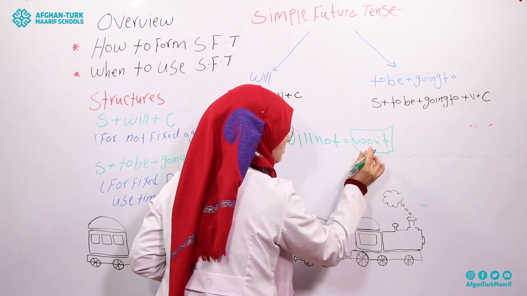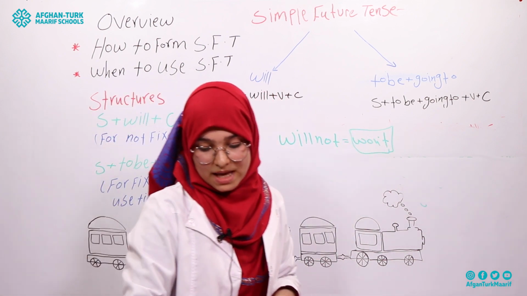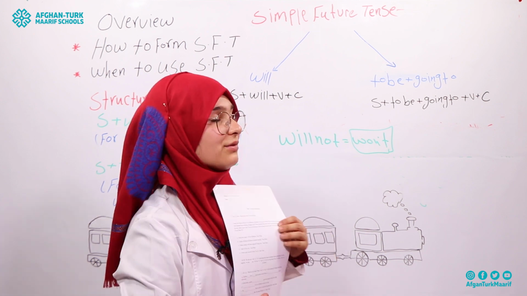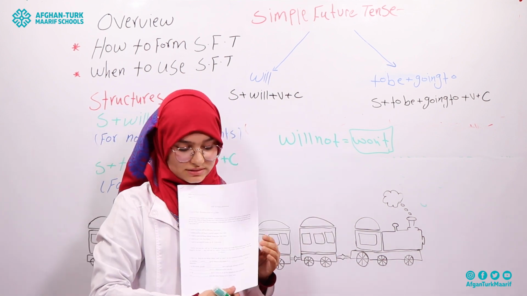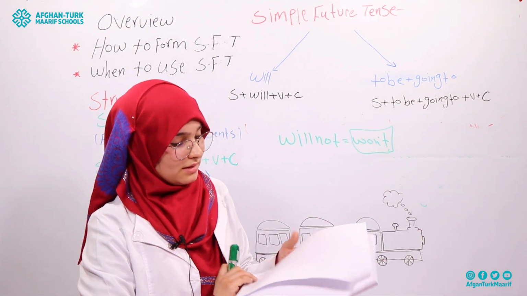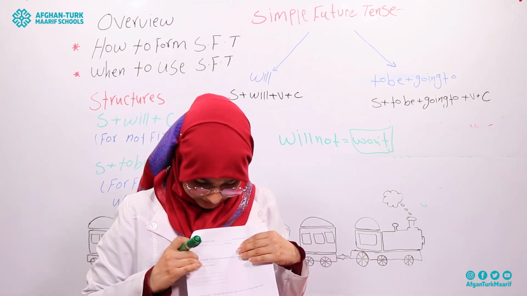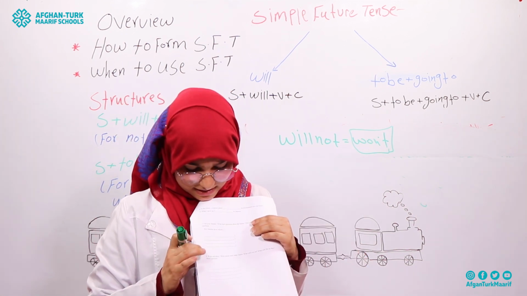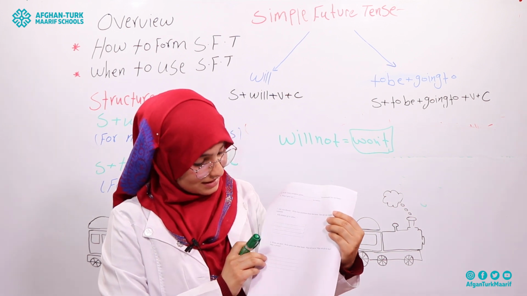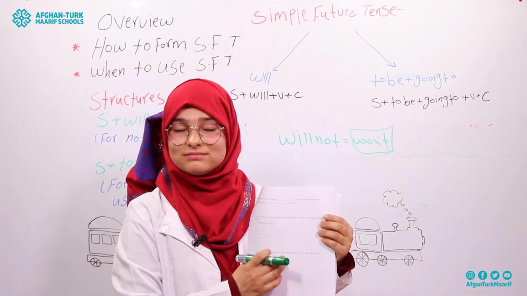Basically, we mostly use this in speaking. So in this part you have to write will or won't. And in here, you have to write your own sentences. In here as well, write your own sentences. And also, if you are good at drawing, you can draw something as well.